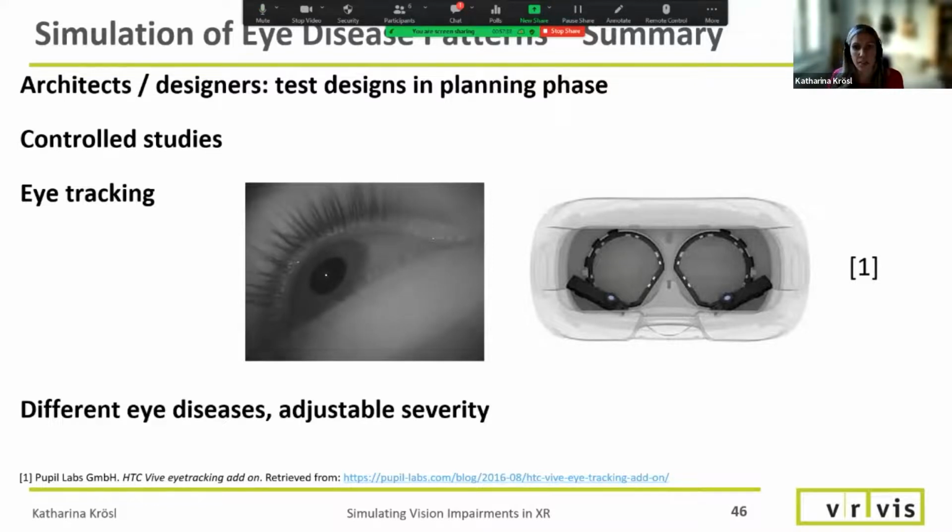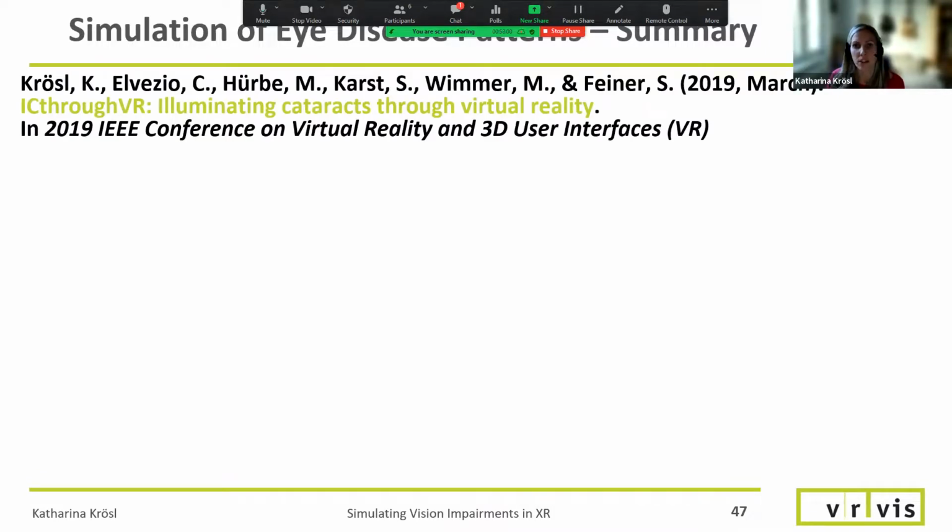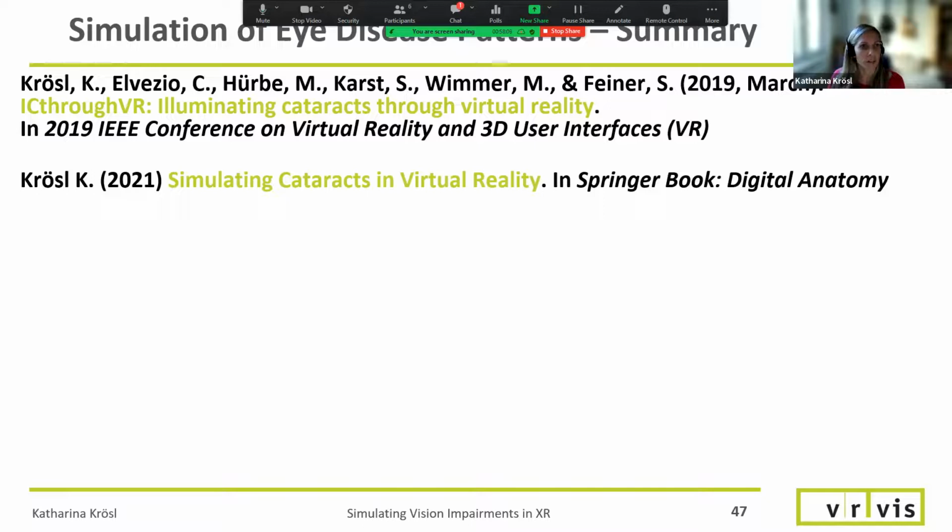And with our effects pipeline, which is actually quite easy to extend to add different symptoms, we can simulate different eye diseases where the severity of each symptom can be adjusted individually and at runtime. And we published our effects pipeline and the results of our study in 2019. And in 2020, I think, was our book chapter on this topic.